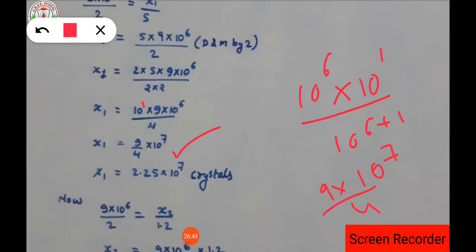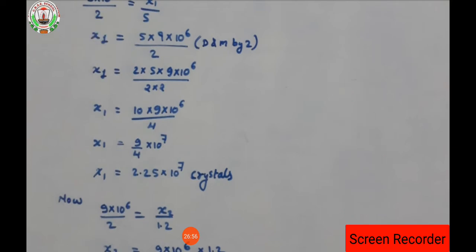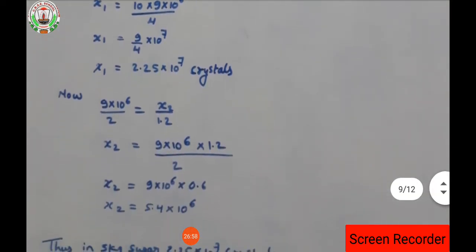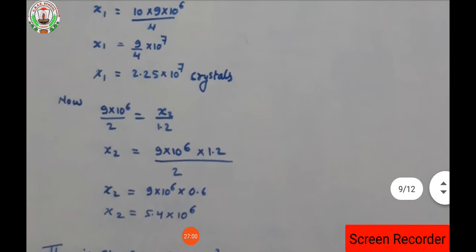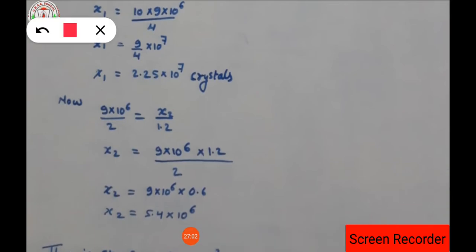Clear everyone? Now when 9 upon 4 is divided, we get the answer 2.25 into 10 to the power 7. 10 to the power 7 will remain as it is. 9 will be divided by the table of 4, so it will be 8, 2 will come. Then when we subtract 8 from 9, we get 1.